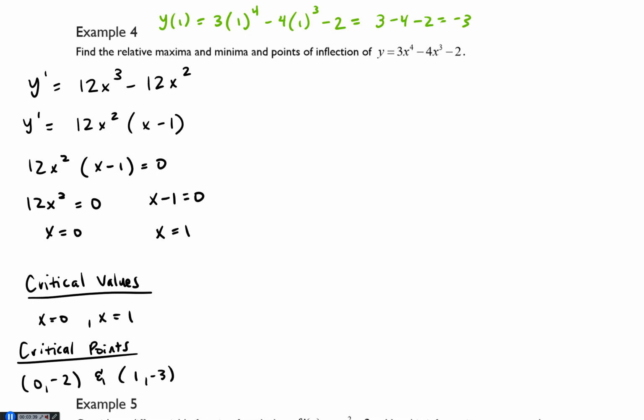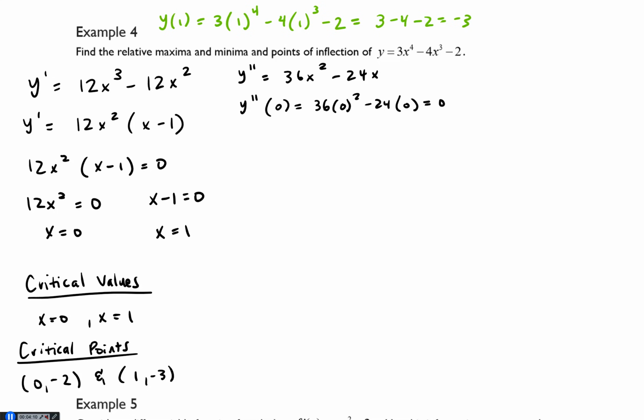Now, if we're going to use the second derivative test, we need to take the second derivative. So y double prime is equal to 36x squared minus 24x. And we can plug in y double prime of 0, which would be 36 times 0 squared minus 24 times 0, and that ends up equaling 0.